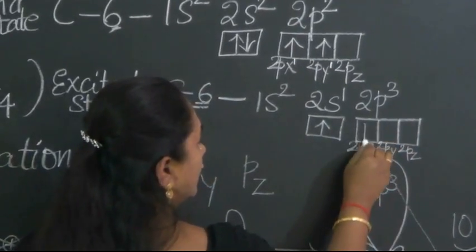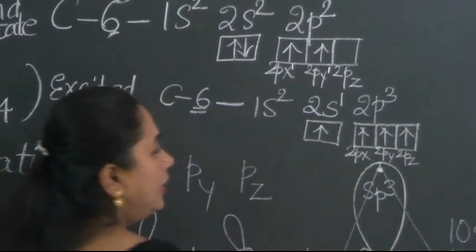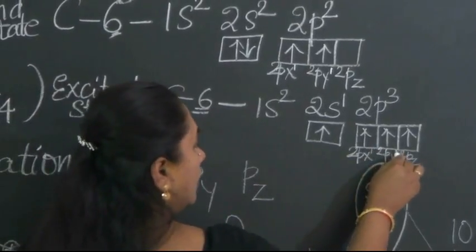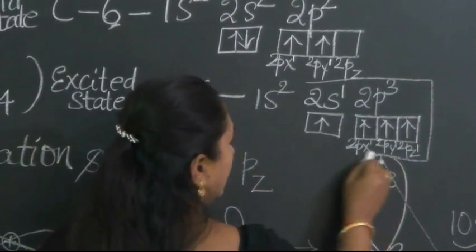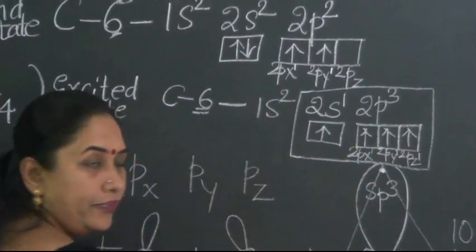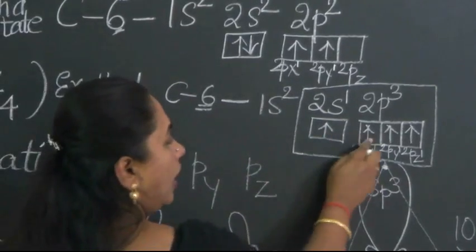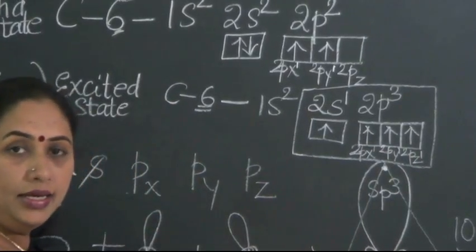How are these 3 electrons? 2px1, 2py1, 2pz1. So therefore all the valence orbitals, 2s and 2p, all of these valence orbitals are half-filled, meaning they are containing 1 electron each.